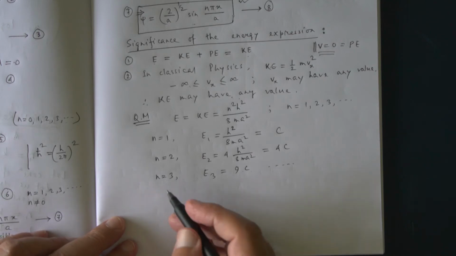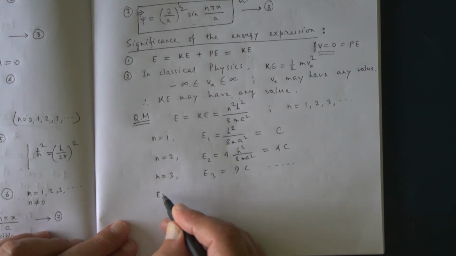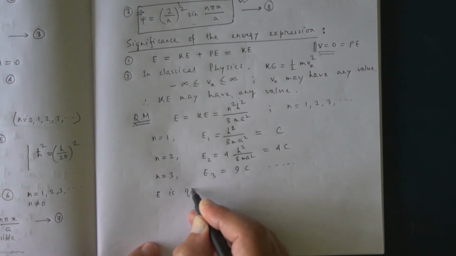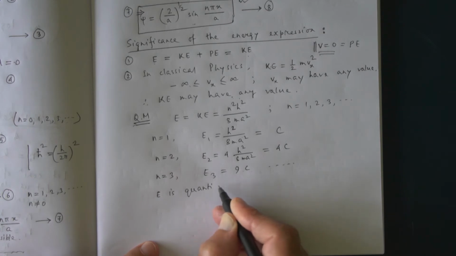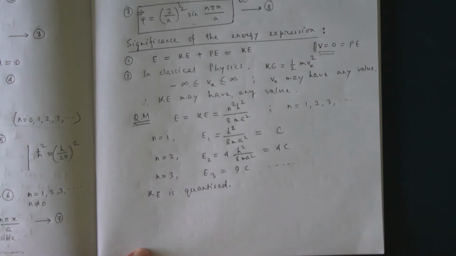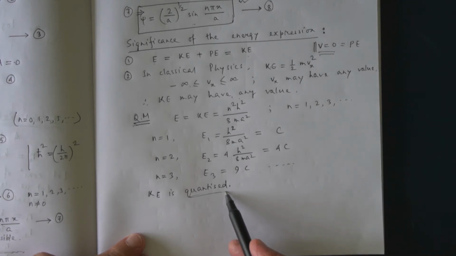That means in quantum mechanics, energy, that is kinetic energy, is quantized. Okay, kinetic energy is quantized. What does this mean? This means that arbitrary values are not possible, only some definite values are possible.